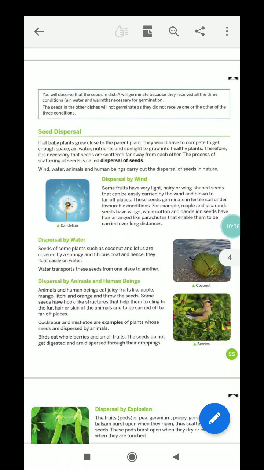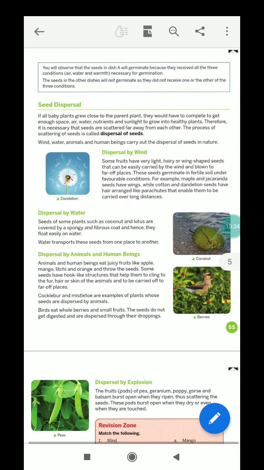Some fruits have very light, hairy or wing-shaped seeds that can be easily carried by the wind, for example maple and jacaranda. We have also seen dandelions, which have wings, and they are carried away by the wind from one place to a distant place.